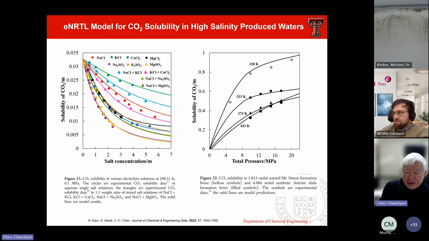Also, the model has been used to correlate the CO2 solubility in different solutions that may be present in produced waters, not only for single and mixed binary electrolyte solutions, but also for produced waters from different wells.